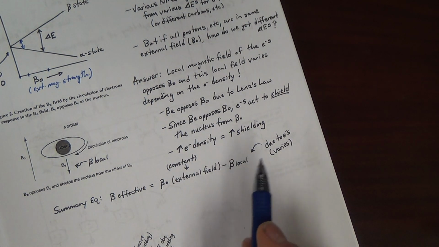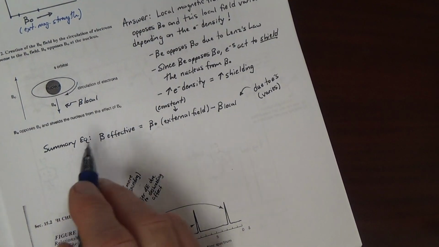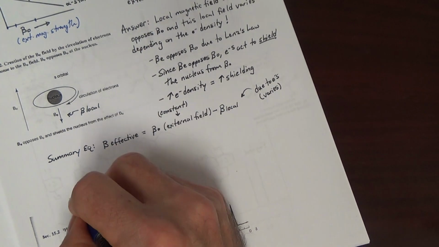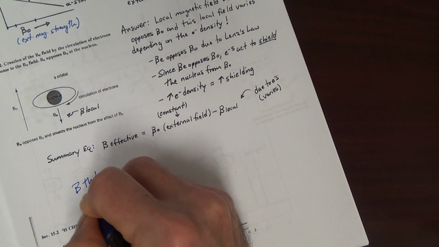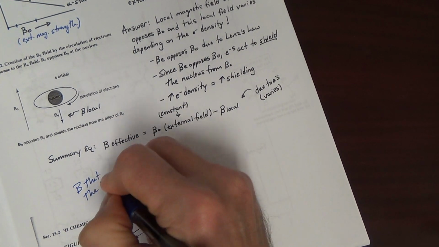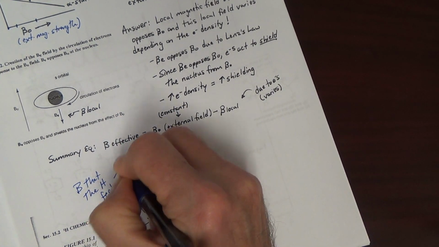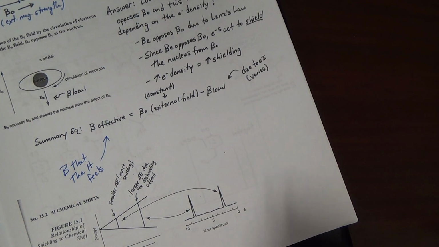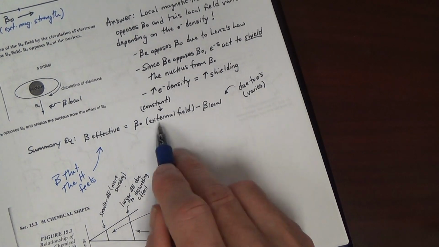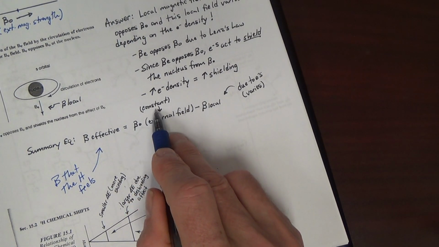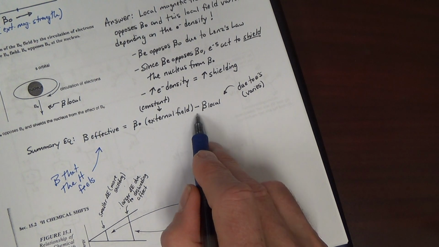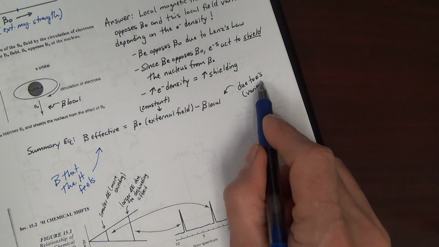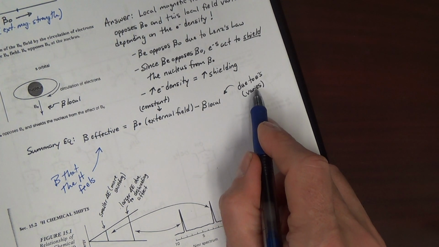And so we can get to this summary equation where B effective is the B that the H feels. This comes from the external magnetic field, which is constant for all protons, minus the local magnetic field due to the nearby electrons, nearby the hydrogens.